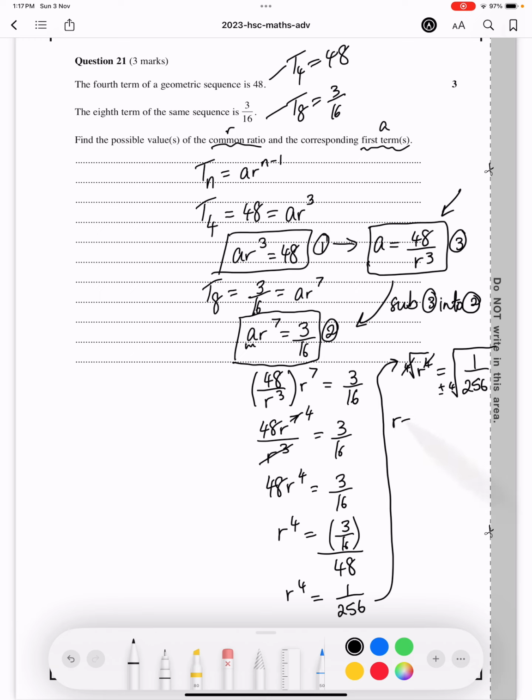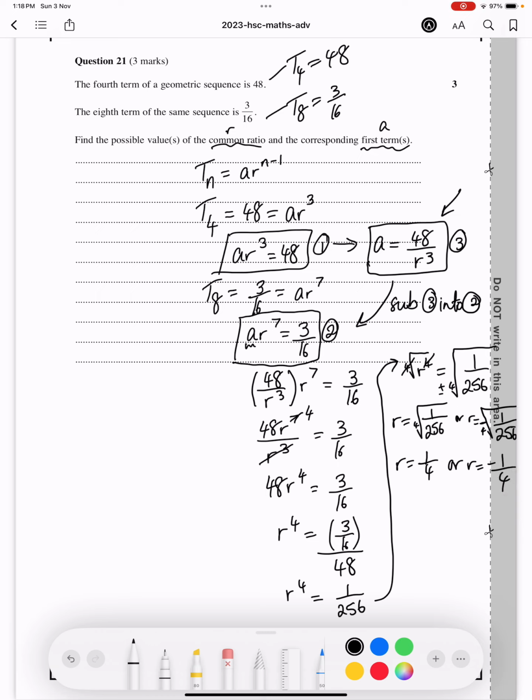And so that's going to give me R equals a positive answer, or R equals a negative. Okay, so that's going to give me R equals positive 1/4, or R equals negative 1/4.